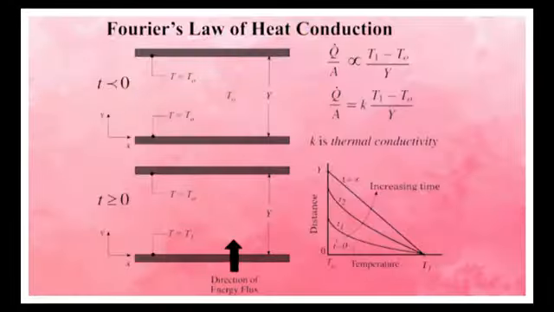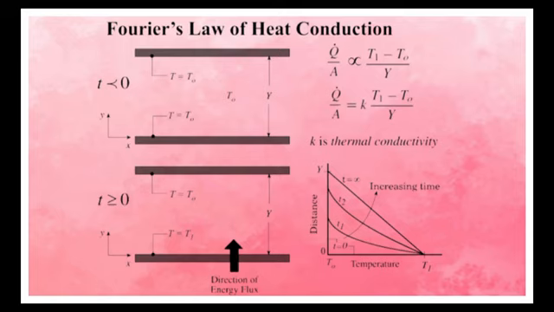In heat conduction, you will come across a term known as thermal conductivity, which is symbolized as small k. This is a material property that quantifies how easily heat can flow through a material. For example, metals have high thermal conductivity, while insulators like rubber have low thermal conductivity. Do you understand what I said?